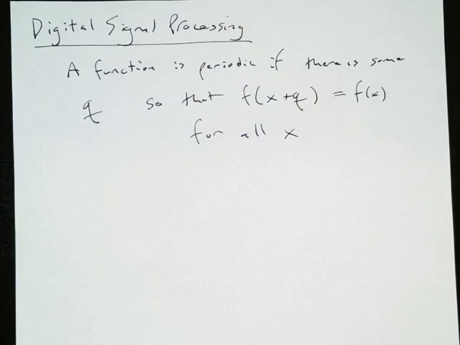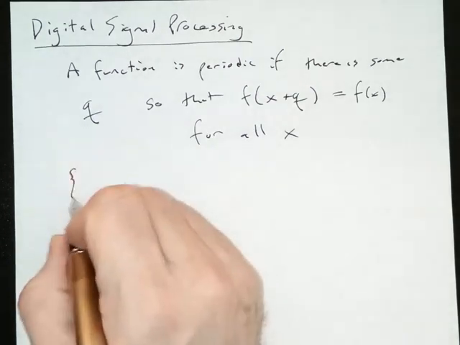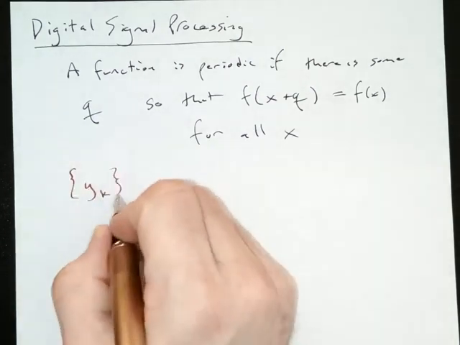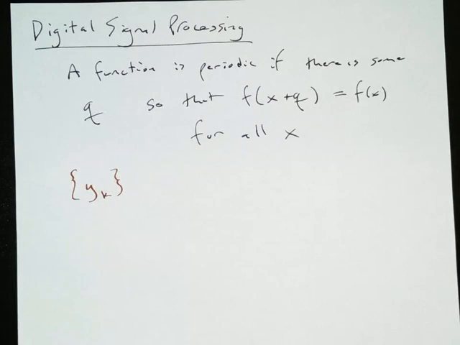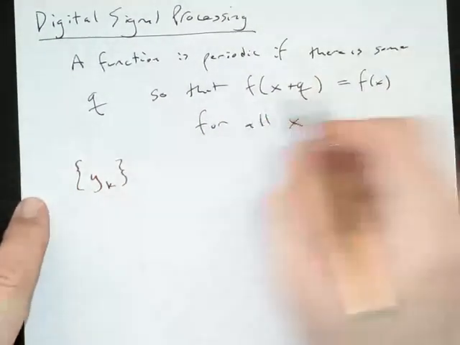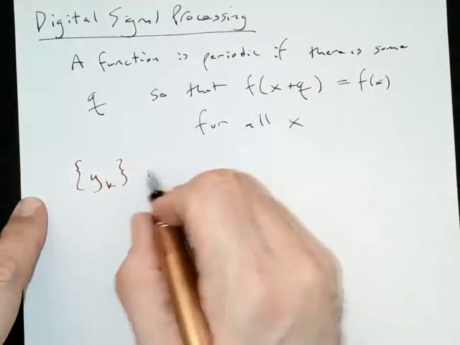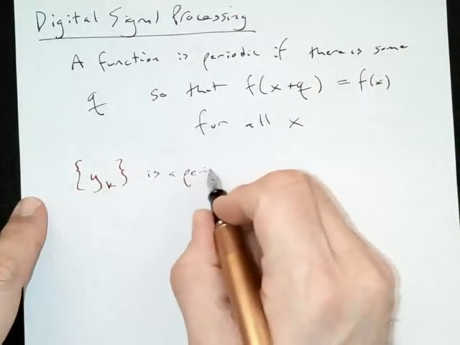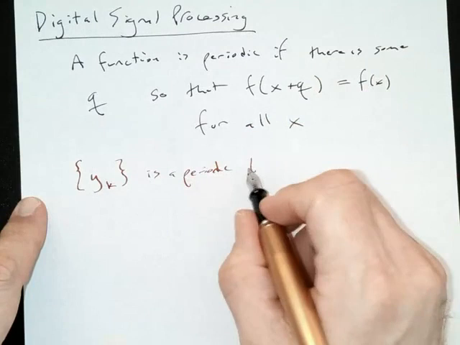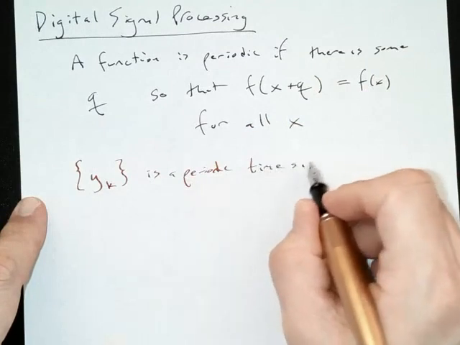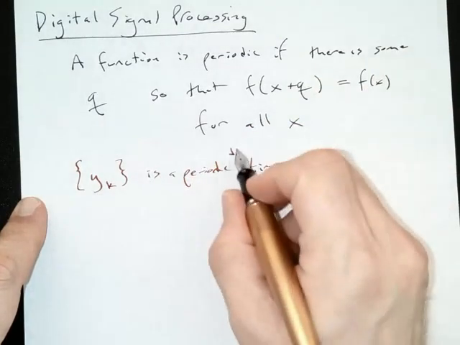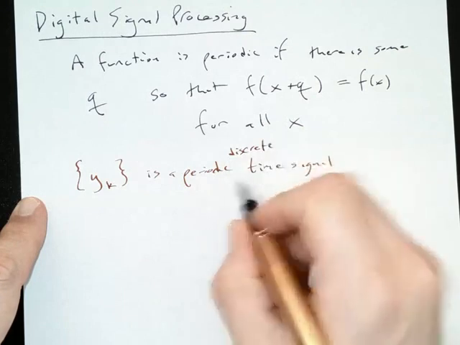Now, if I'm dealing with a discrete time signal, remember our discrete signals are sequences of real numbers, right? So if I have a signal that is periodic, then instead of using continuous, I forgot the word discrete.